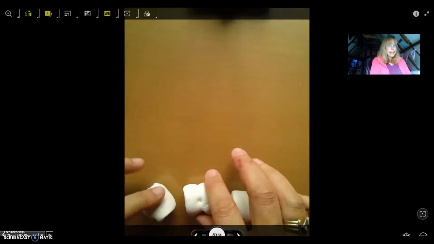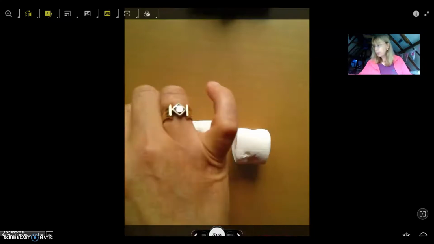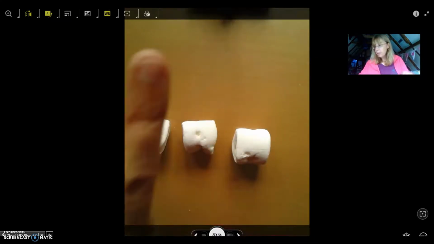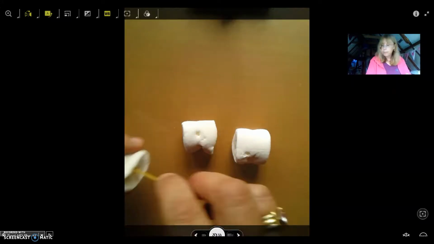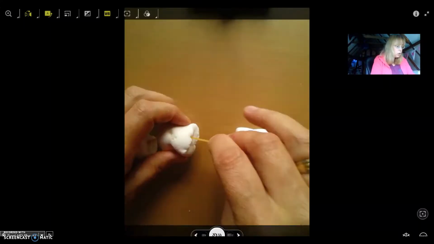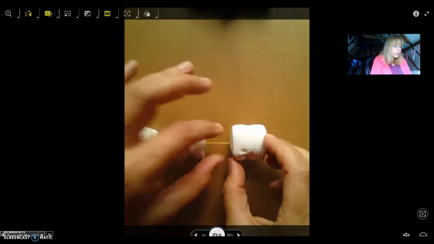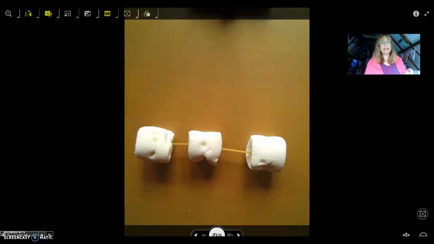So this time, I take my 3 marshmallows: 1, 2, and 3. Now, this is where you've got to be a bit careful, because this is where sometimes people start going a little bit wrong.